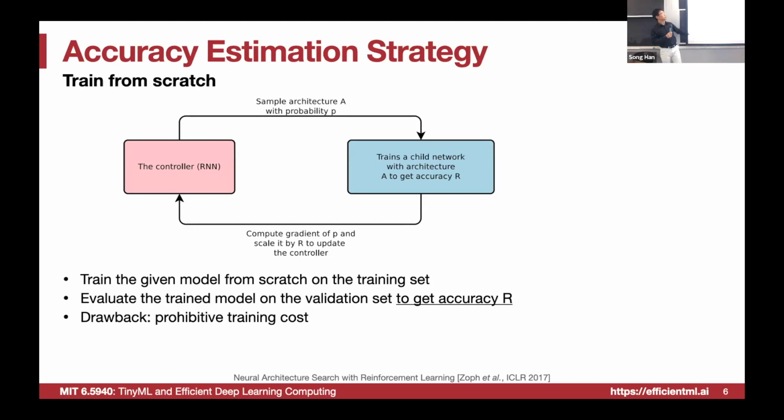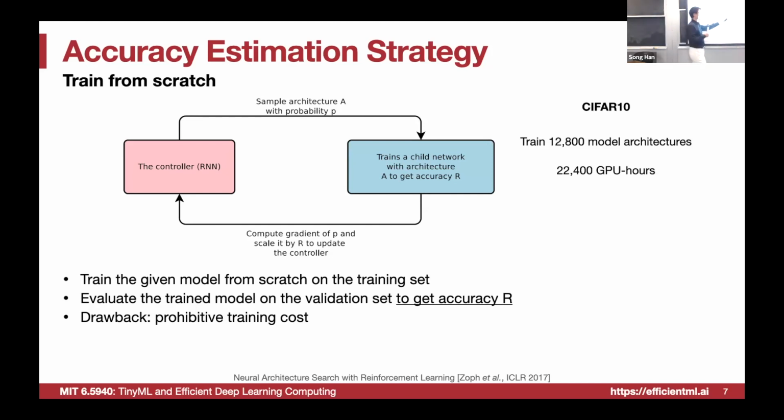So the simplest approach is basically to train the model from scratch and observe the accuracy. We propose an architecture by the controller, then we train it, obtain the accuracy, and update the controller. The drawback here is that it has prohibitive training costs.